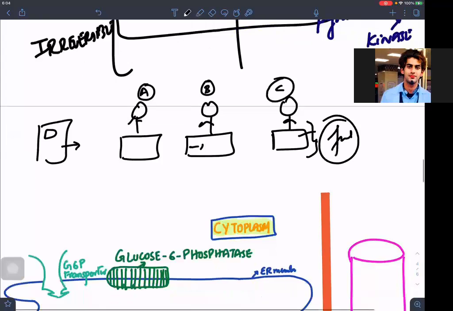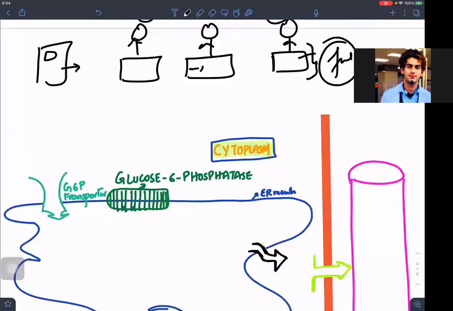Same way, once you have this glucose 6 phosphate formed in the cytoplasm, it has to come inside the luminal side of the endoplasmic reticulum. Because, sir, you are saying there should be a transporter in the membrane of the endoplasmic reticulum.